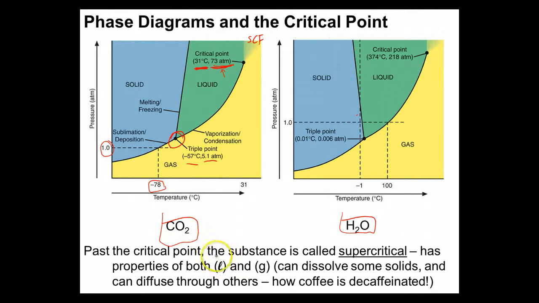It can diffuse through solids just like a gas or a liquid would. More like a gas, probably. But it can also dissolve some solids like caffeine and have it remain dissolved in this supercritical fluid. That's how they get the caffeine out of, well, one of the ways they get caffeine out of coffee beans.